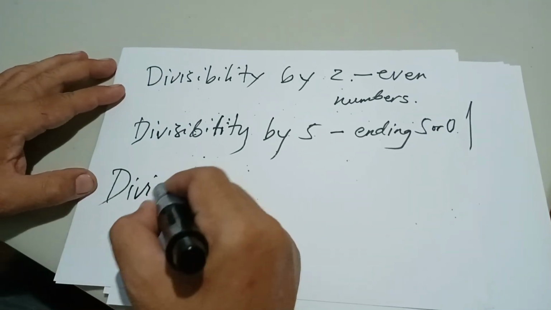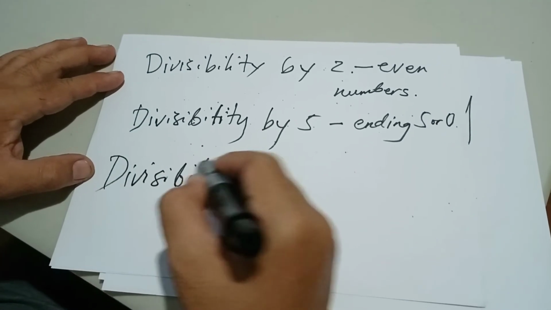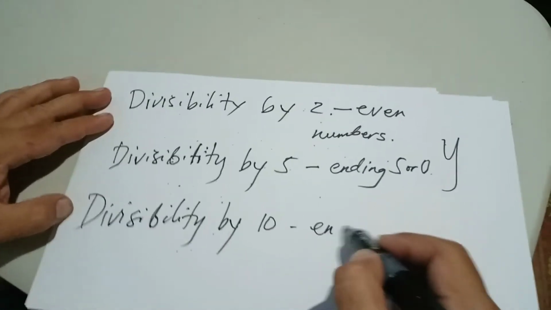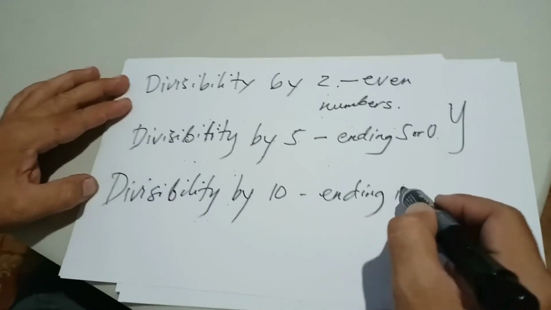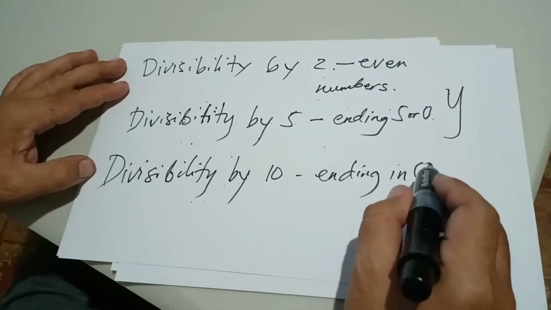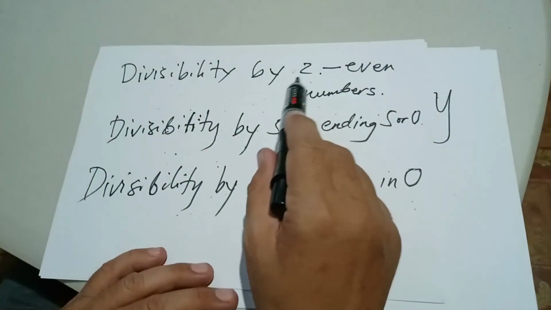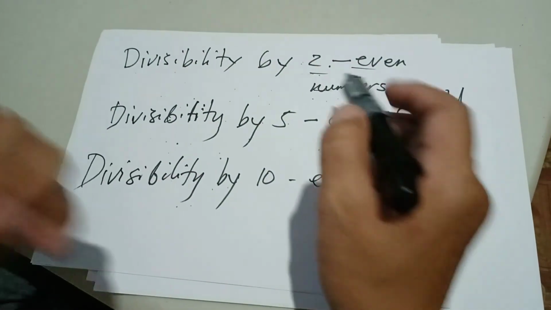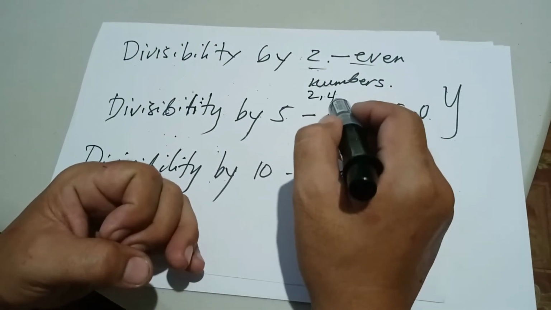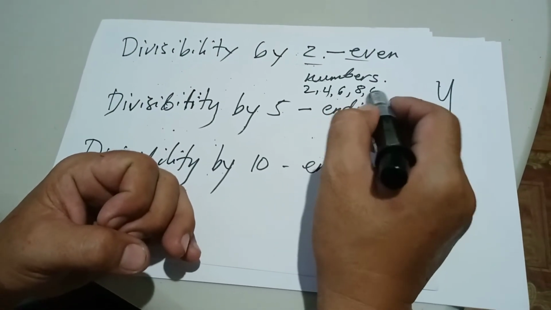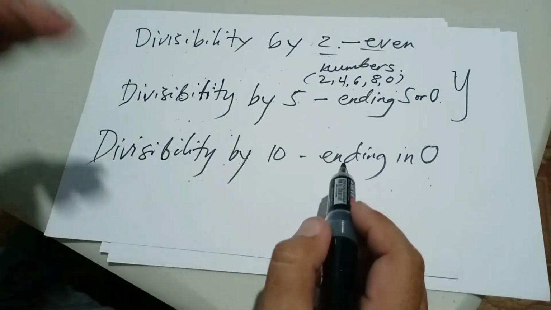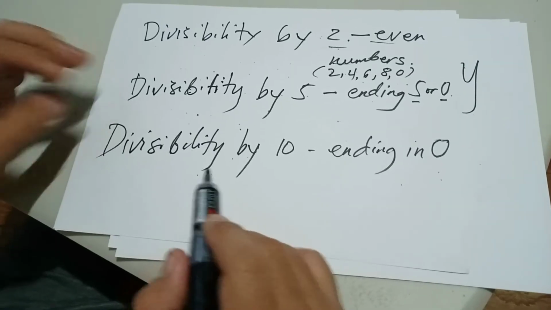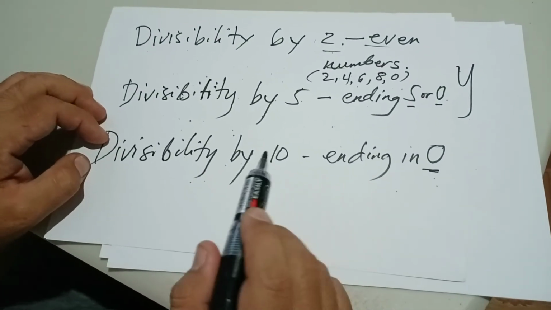Divisibility by 10. Ending in 0. Yan. So, difference sa 2, even numbers. So, that means nagtatapos sa 2, 4, 6, 8, 0. Sa 5, nagtatapos sa 5 and 0 lang. Sa 10, ending in 0 only.